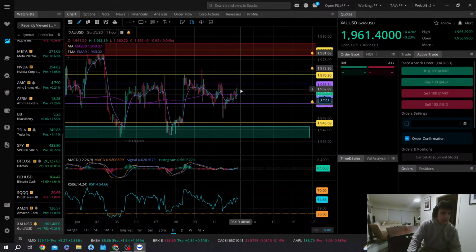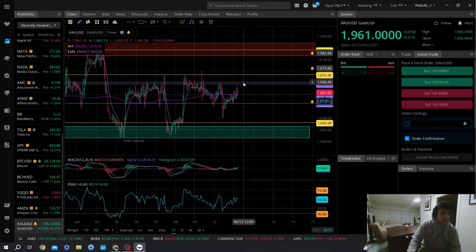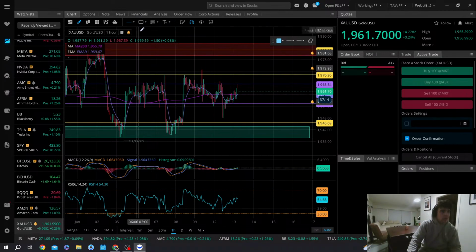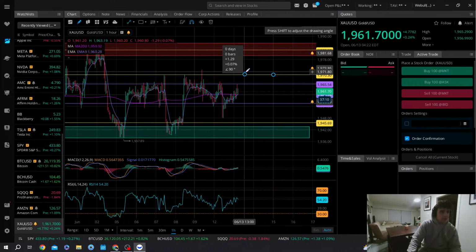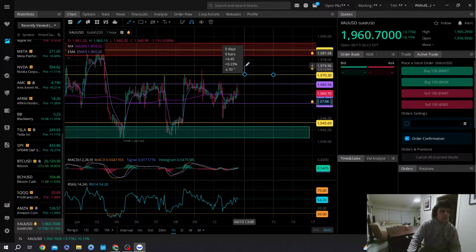it either breaks this daily high and then comes up through this resistance range, breaks it, and comes up here.